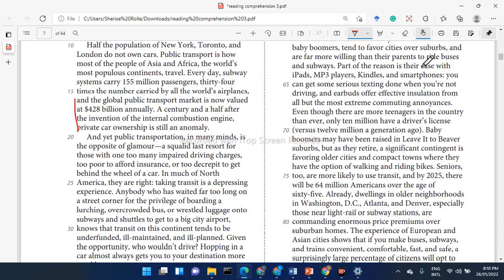Part of the reason is their ease with iPads, MP3 players, Kindles, and smartphones. You can get some serious texting done when you're not driving, and earbuds offer effective insulation from all but the most extreme commuting annoyances. Even though there are more teenagers in the country than ever, only 10 million have a driver's license versus 12 million a generation ago.